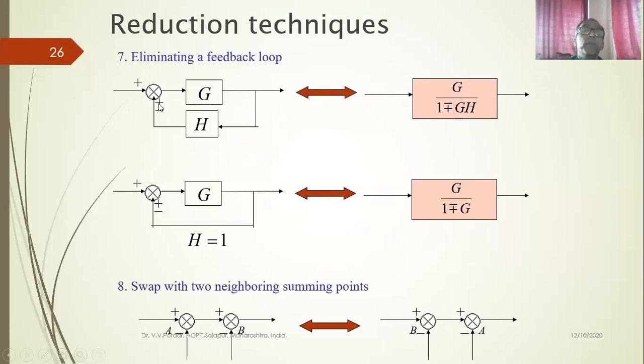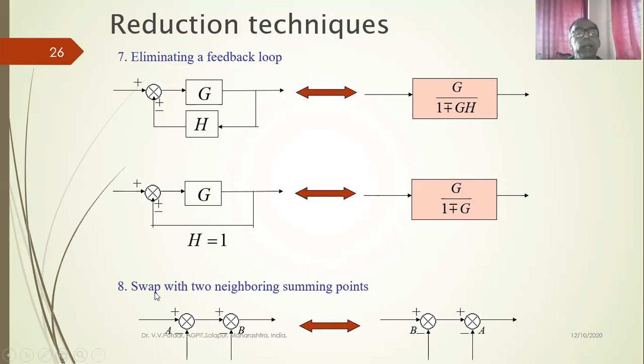Because here it is plus or minus, it is to be converted into minus or plus G into H. So if H is equal to 1, if it is a unity feedback system, this is the canonical form, one block is there. If H is equal to 1, what will happen to this equivalent block diagram? G upon 1 minus or plus G into H was there, so instead of H I got 1. So G upon 1 minus or plus G.